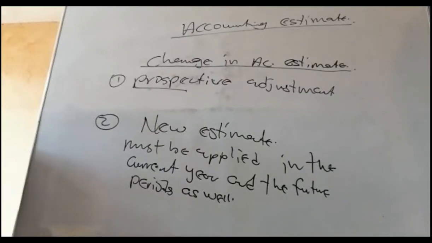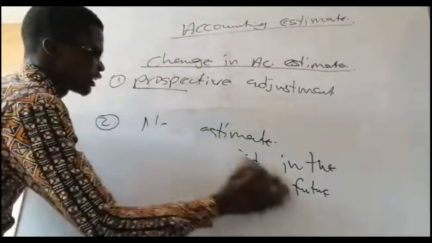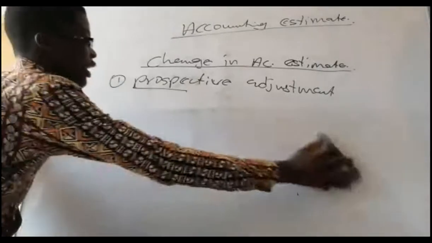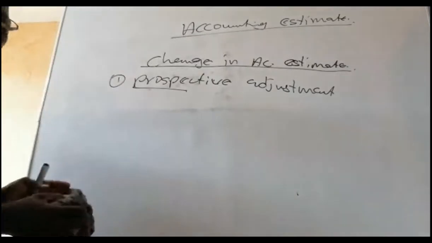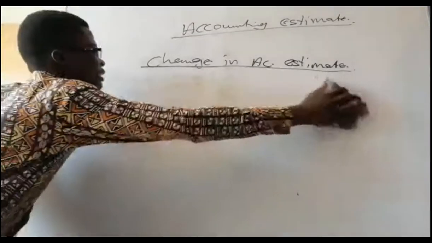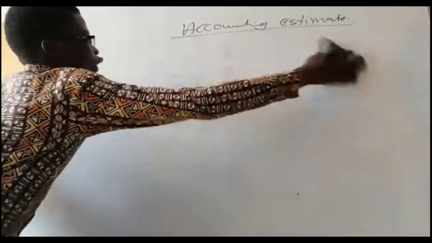So now let's see some examples of changing accounting estimates. Here we don't do retrospective application, and because of that, we don't need to restate the comparative information.